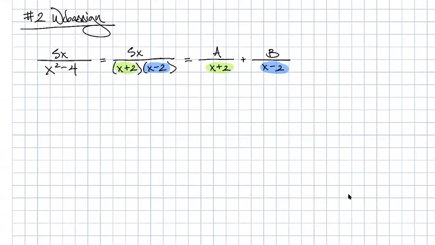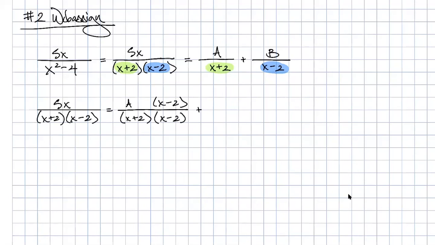So now let's think about how we can make those denominators the same. So what do you want to multiply the first fraction by? X minus 2. Perfect. If we're thinking about the colors, we have a green. We already had the green. So to make it look like the other side, we also need a blue factor.